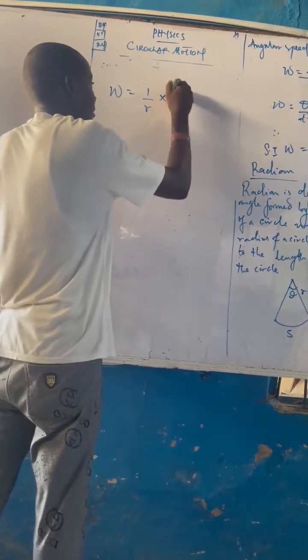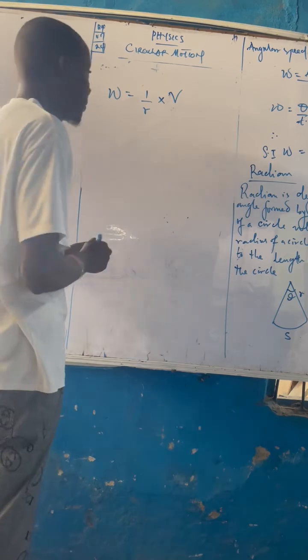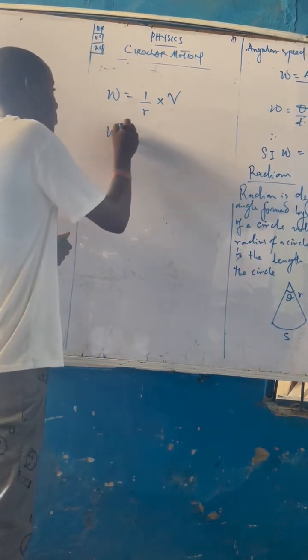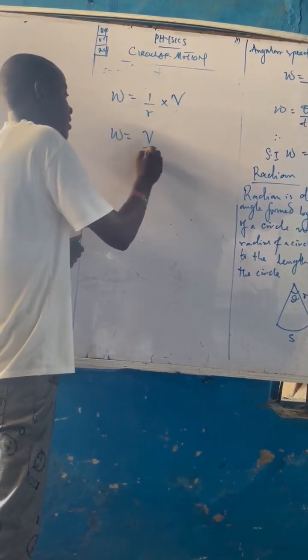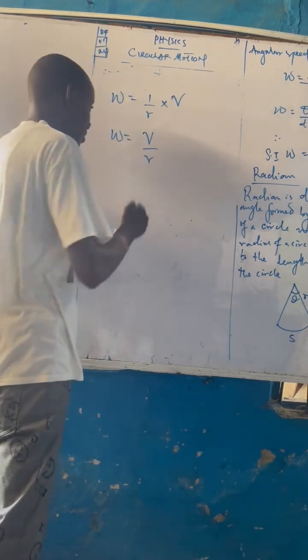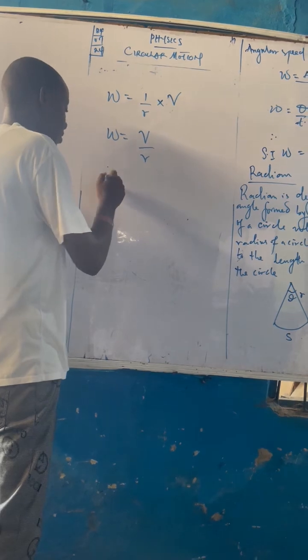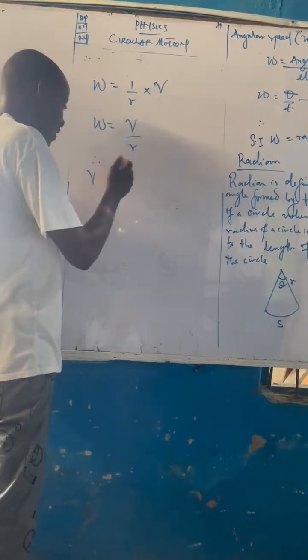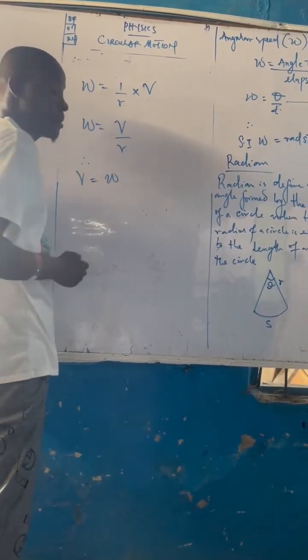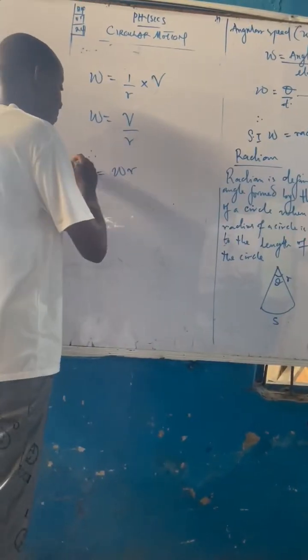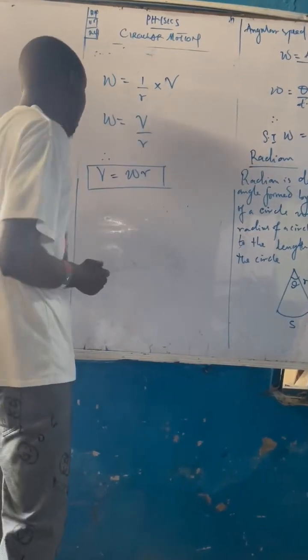So we can say that angular speed is equal to velocity over radius, and therefore linear speed will be angular speed multiplied by radius.